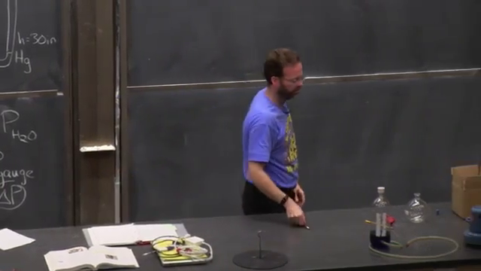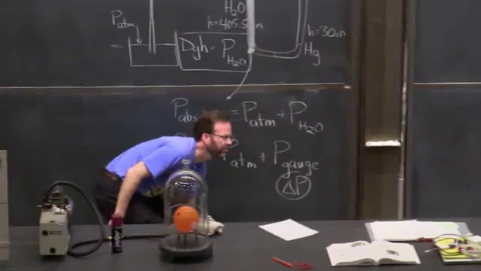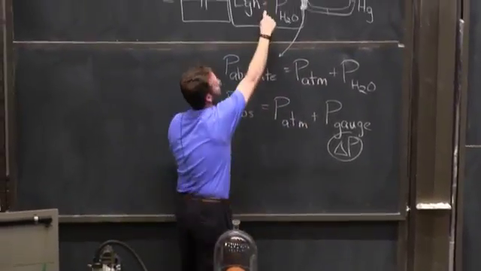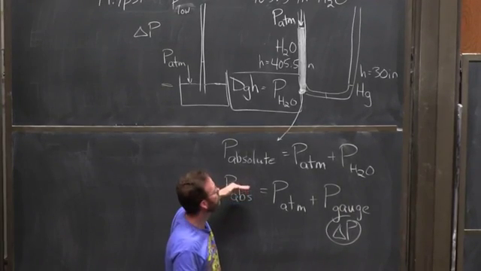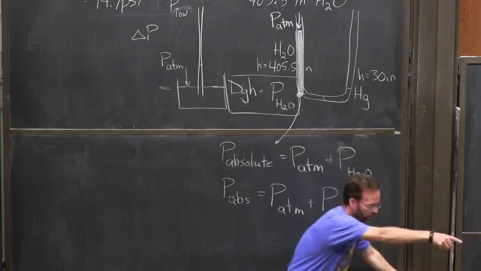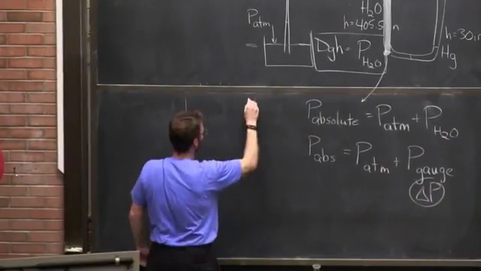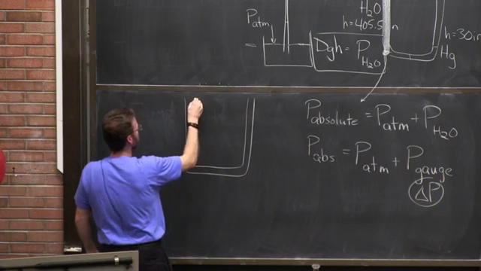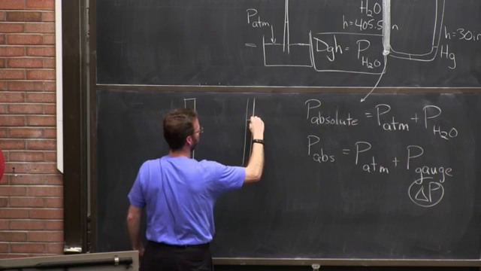Glenn, you had a question? Yes, with the barometer there? So that example was kind of, we sealed this one off and the water level here was, say, here, and this one was up to here.